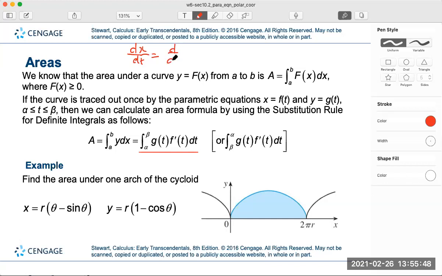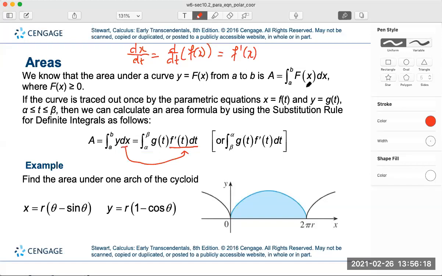It is the same as d over dt of the function f, or sometimes we write it f prime. Do you agree? Therefore, dx will be f prime dt. That is why we can write dx in terms of f prime dt.